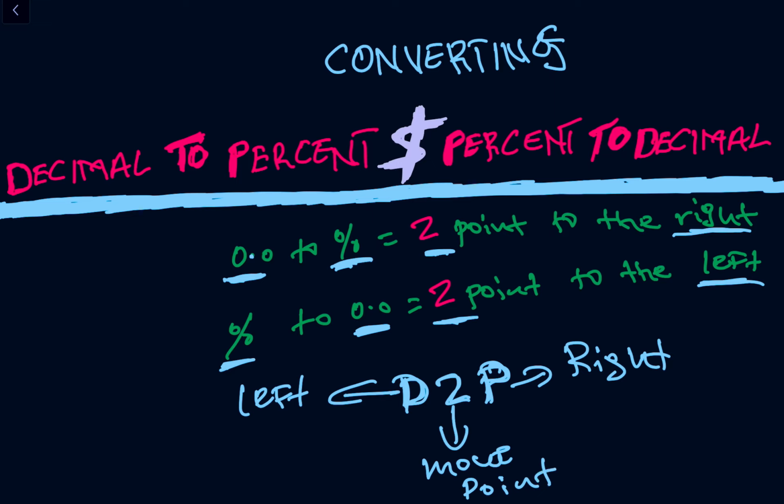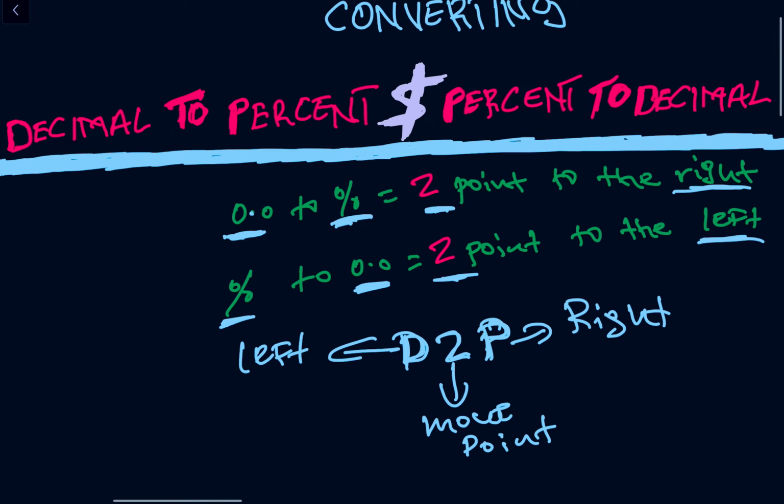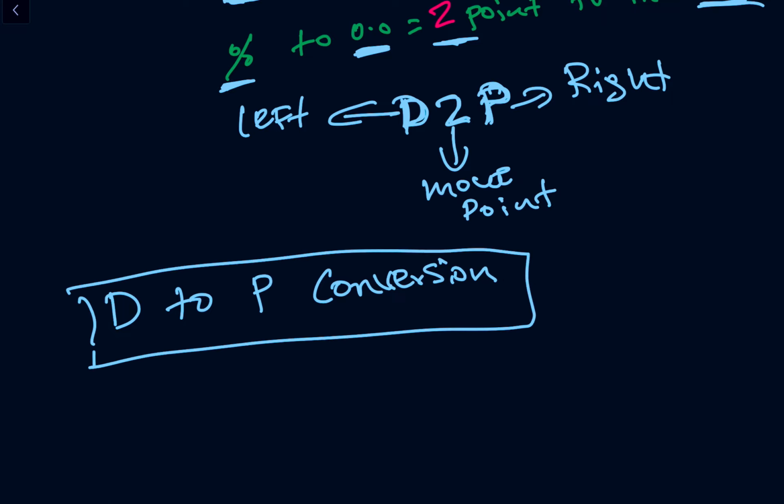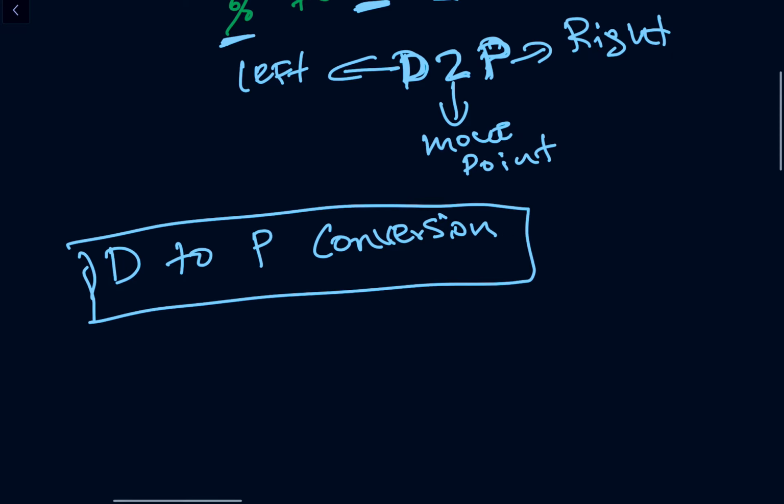So let's take a look at some examples, and we'll start with decimal to percent conversion. Let's start with the example 9.8 to convert that to percent, and let's use the formula to help us remember the direction.